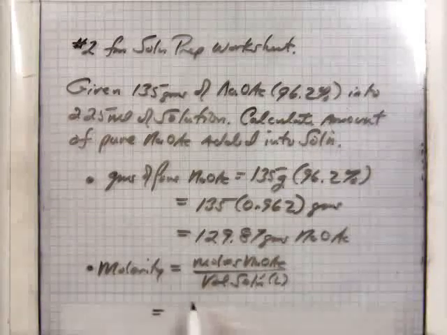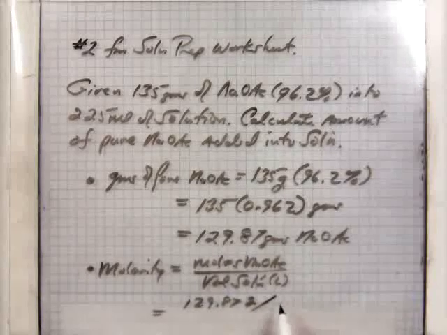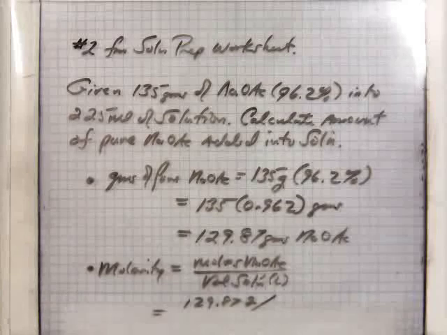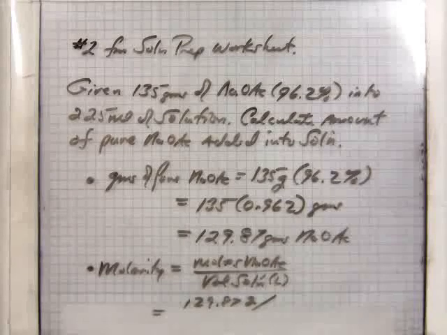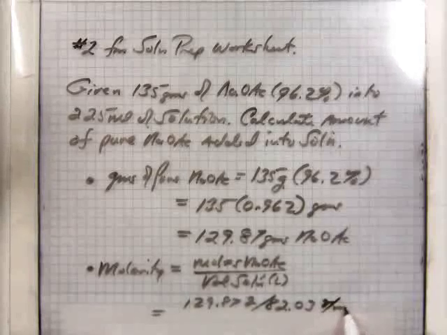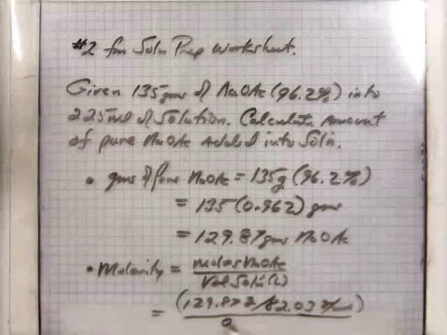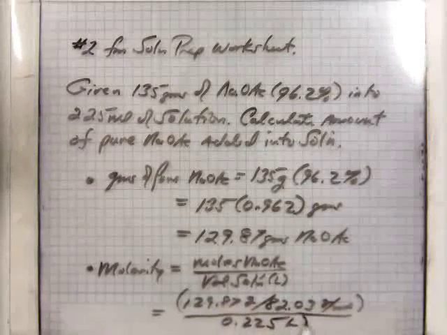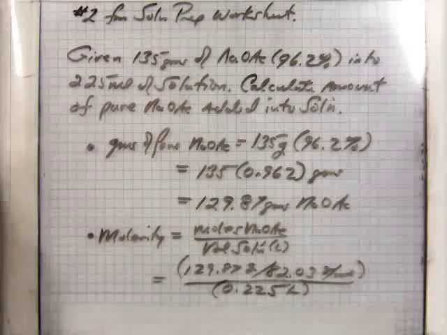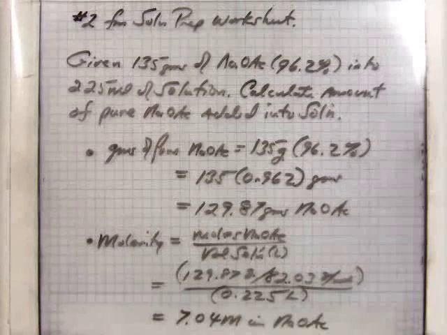So that would be 129.87 grams divided by 82.03 grams per mole, and that divided by 0.225 liters, and that gives a 7.04 molar solution of sodium acetate.